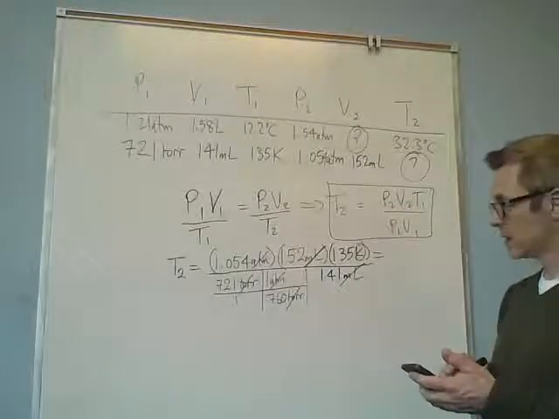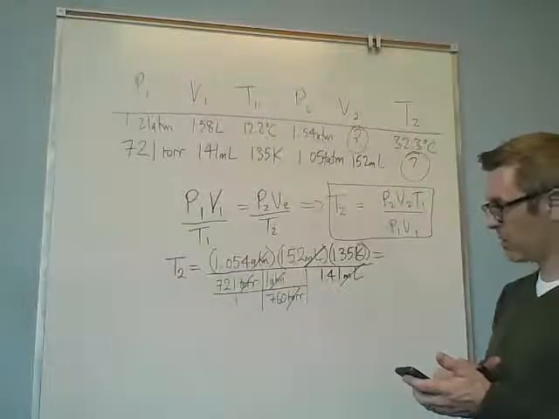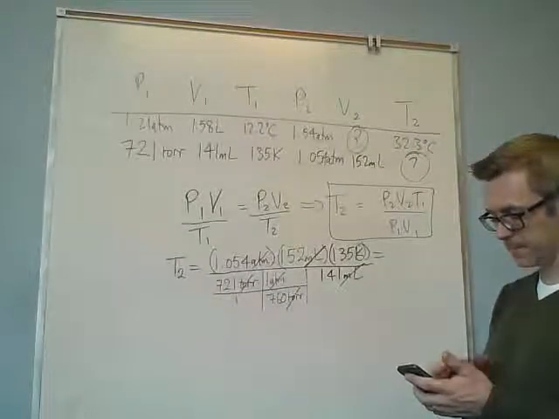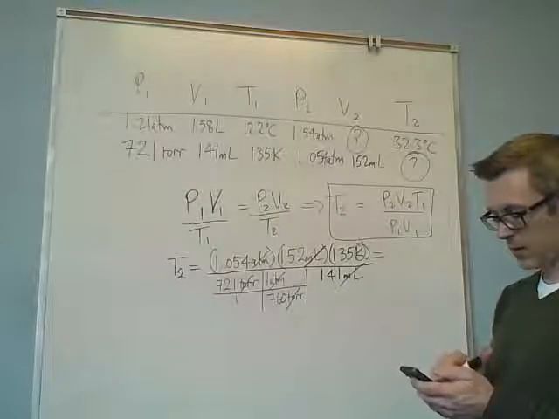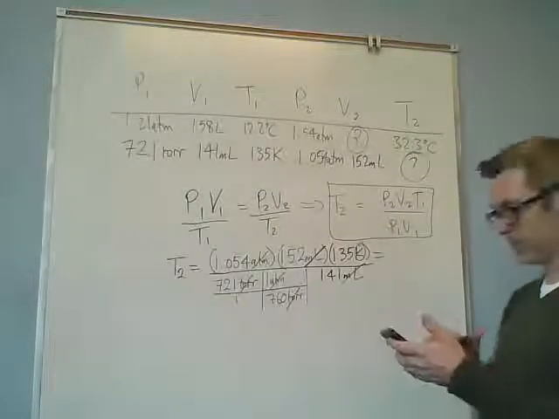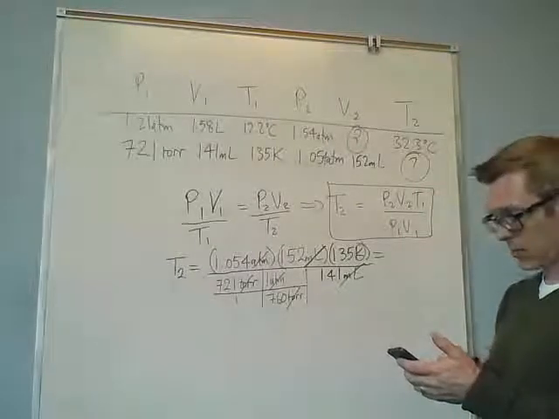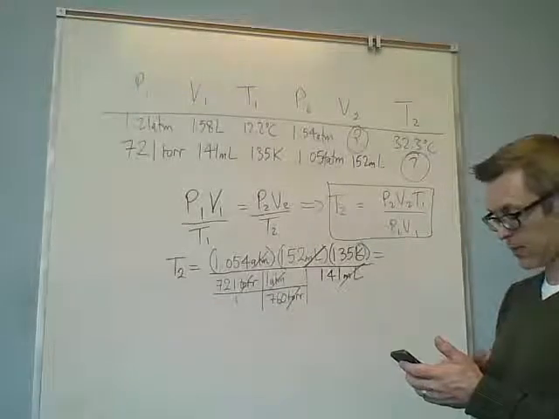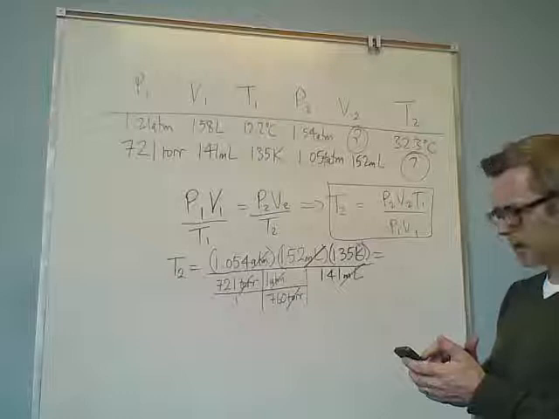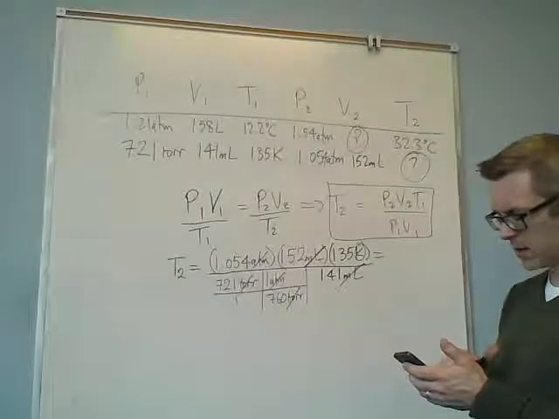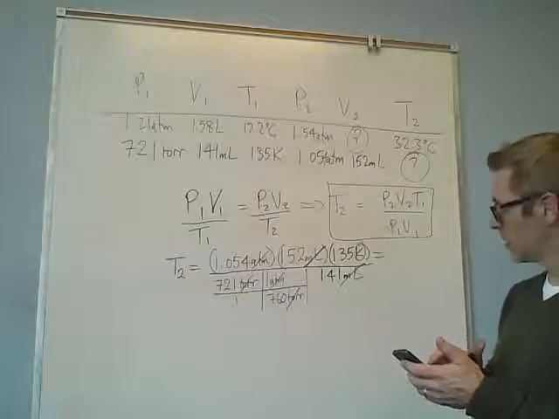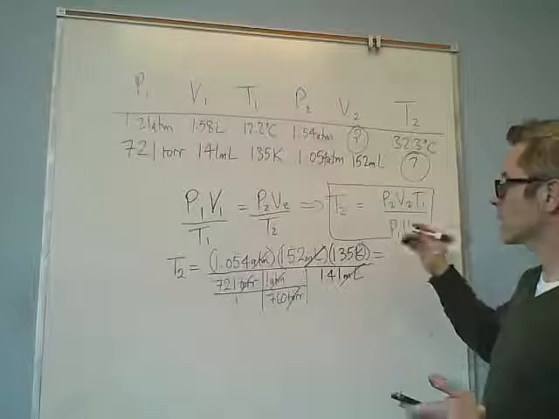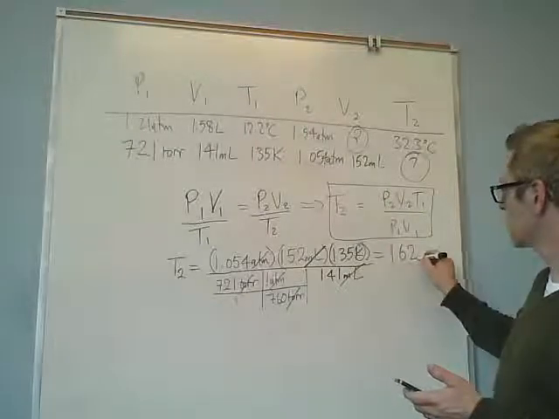Okay, so let's see. 1.054 by 152 by 135 divided by 141. Okay, so rounded to 3 sig figs, this should be 162 Kelvin.